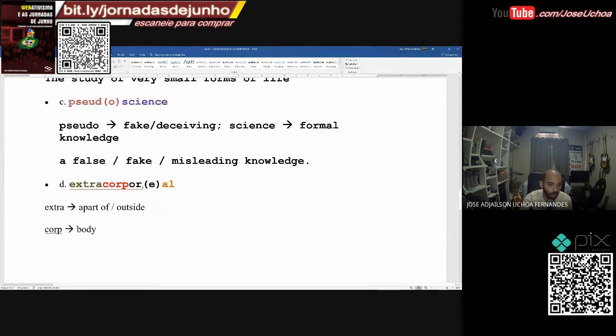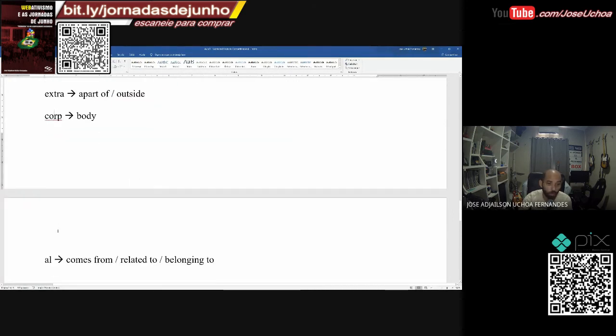Okay. Now we have almost an agreement that this is a filler. Now, what should I do with this or? Can you think of words that end in or? We have extra, we have corp, and we have al. But what should we do with or?